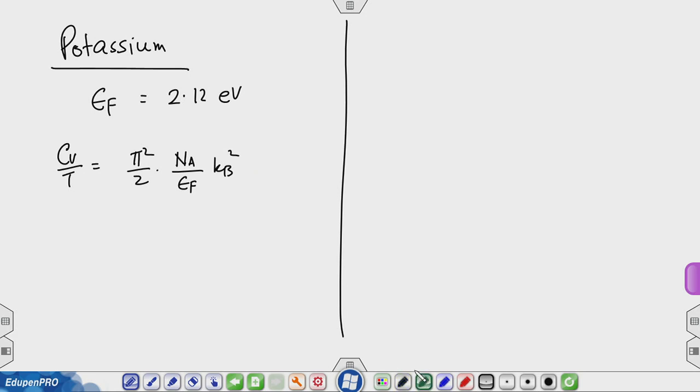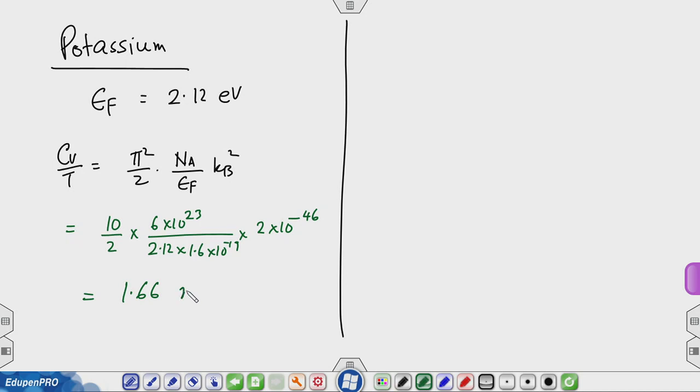So in this case, the number will be roughly 10 by 2 times 6 times 10 raised to 23 divided by 2.12 times 1.6 times 10 raised to minus 19 times 2 times 10 raised to minus 46, and you do the calculation and this number comes out to be 1.66 millijoule per mole per Kelvin square. This is a theoretical value.